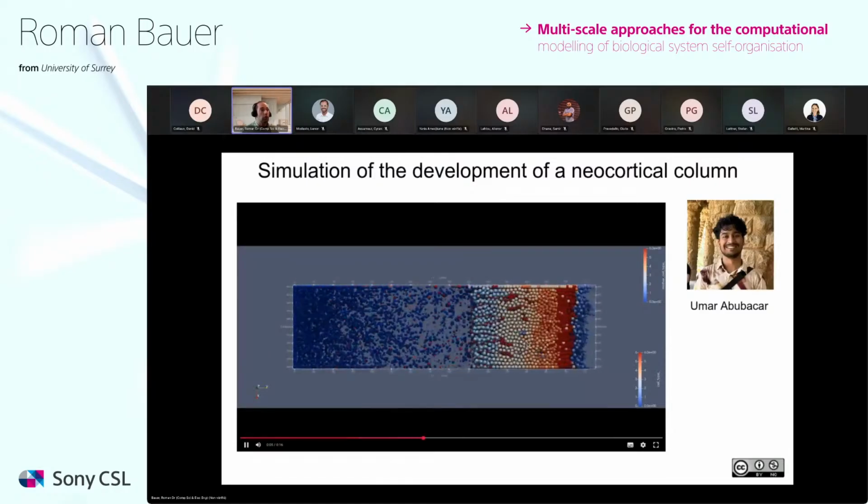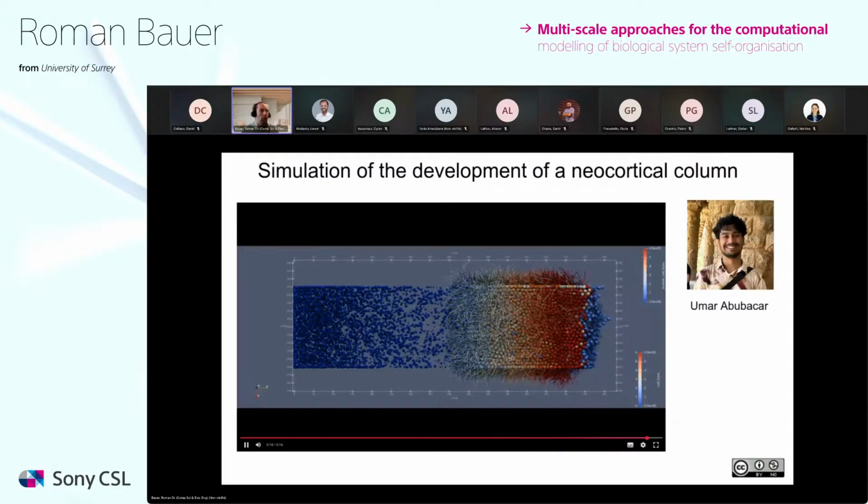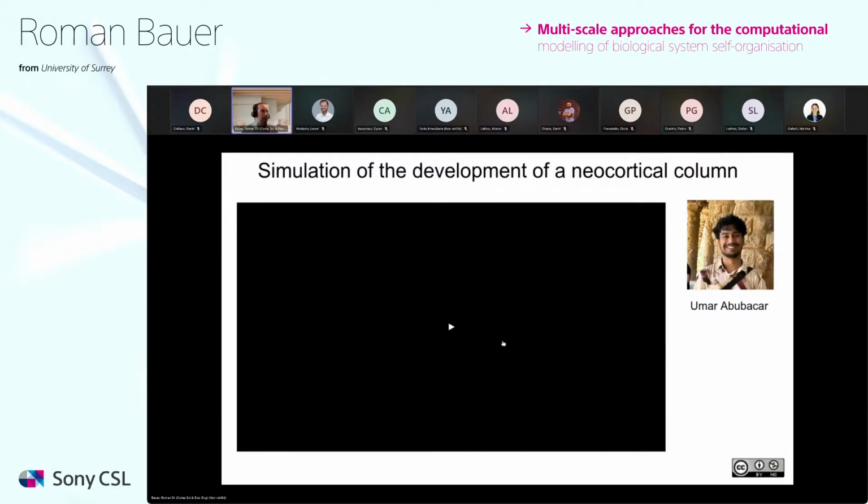And then we can measure the connectivity between neurons, and we can compare with experimental data in order to create models that are not only explanatory for experimental observations, but then also can create new kinds of predictions potentially.